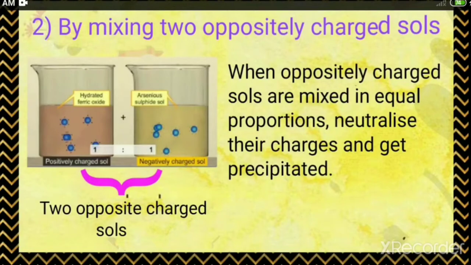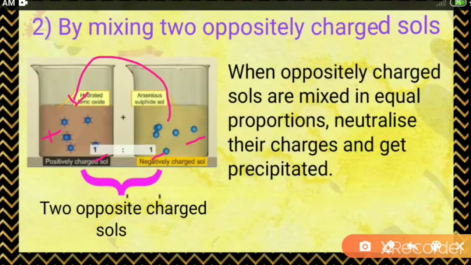The next is mixing of two oppositely charged sols. As we know, the sols are either positive or negative. So if this is a positively charged sol and this is a negatively charged sol, when we mix these two sols in an equal proportion, let's say here we have taken a 1:1 proportion, what happens? One will start to neutralize the other.